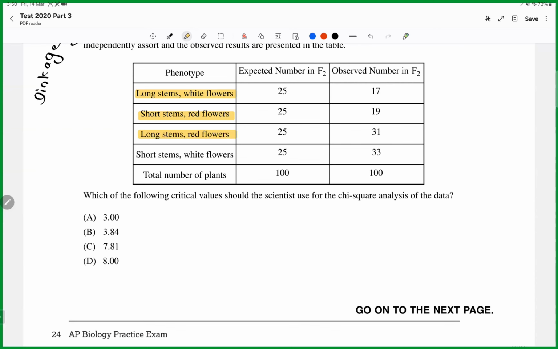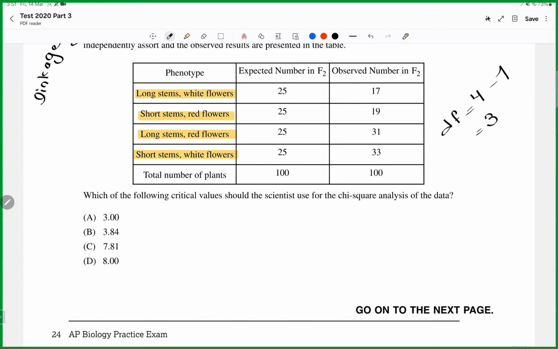Short stem, white flowers. What do we have here? 4 possibilities. Okay? So if you have 4 possibilities, what is the degree of freedom? You take your possibilities and you subtract them by 1. So 3. That's the rule.